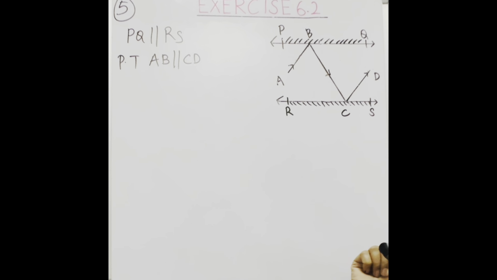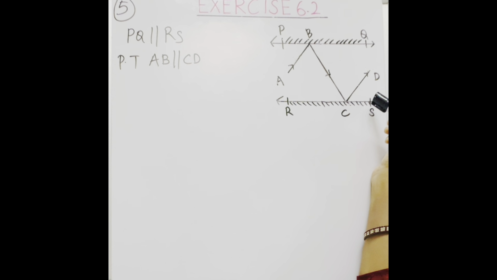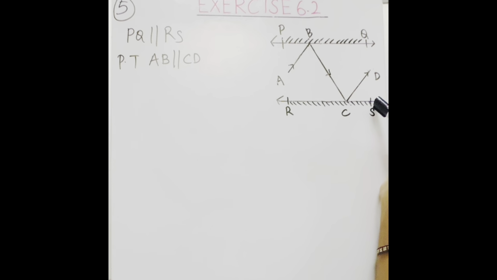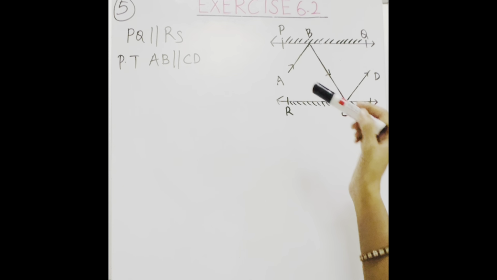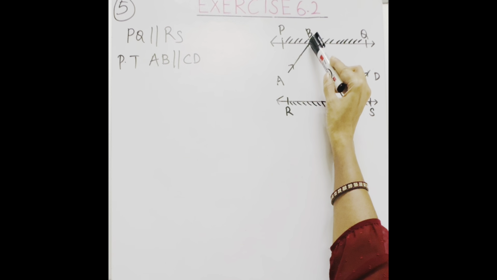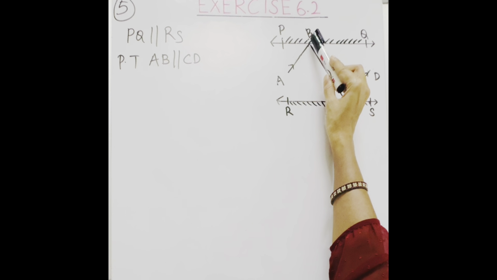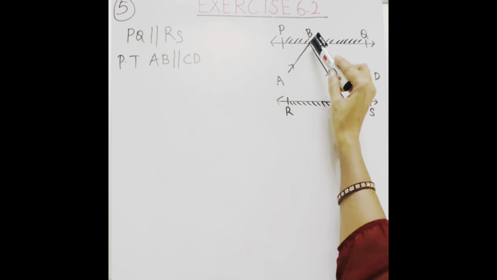Let's understand the question first. It's been given that PQ and RS are two mirrors placed parallel to each other. So it means that PQ is parallel to RS. And it's given that an incident ray AB strikes the mirror at point B, and then it is reflected, forming the ray BC.